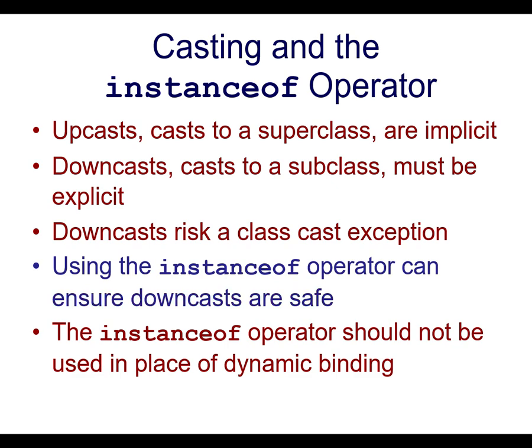By using the instanceof operator to test whether an object is a particular type, we can ensure that downcasts are always safe. One should be very judicious in the use of this operator, however. It should not be used in place of dynamic binding. Doing so misses the purpose of inheritance and polymorphism.